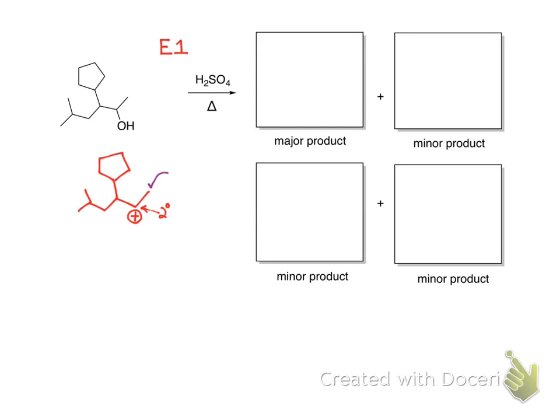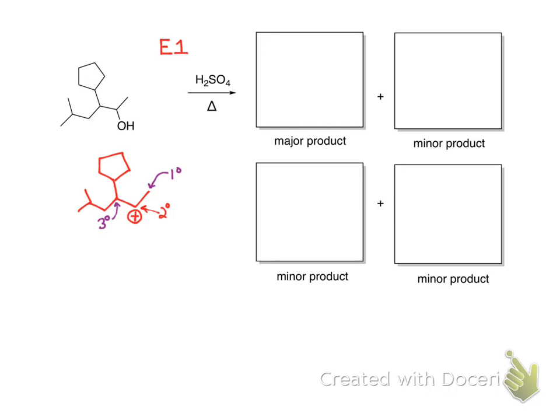Well, we have this carbon, which is primary. I should think not. And we have this carbon, which happens to have hydrogen on it, but is tertiary. So a tertiary carbocation is more stable than a secondary carbocation, and a primary carbocation. So a hydride shift is indeed in play.